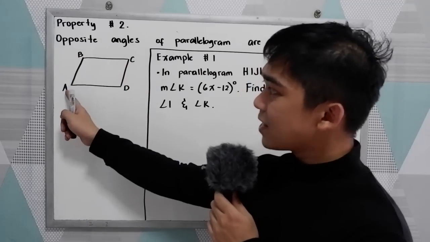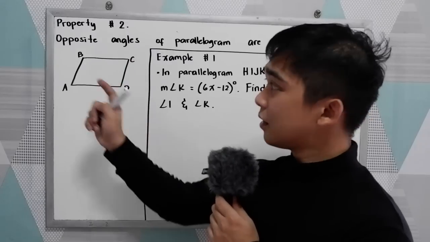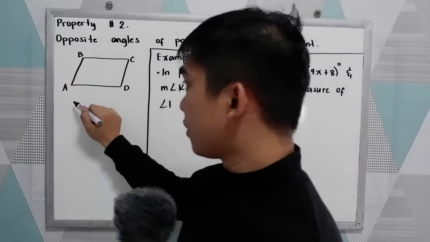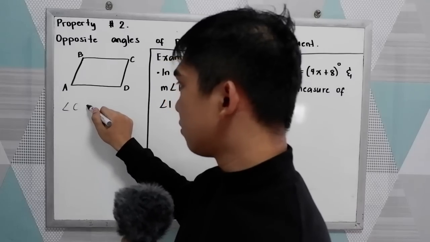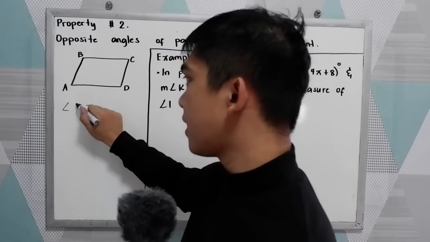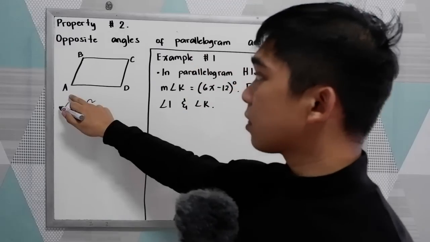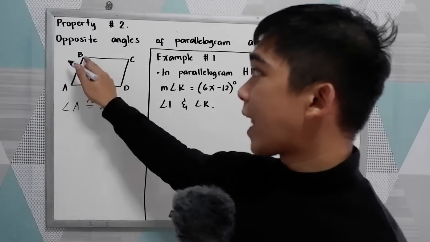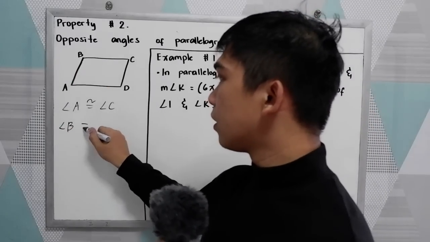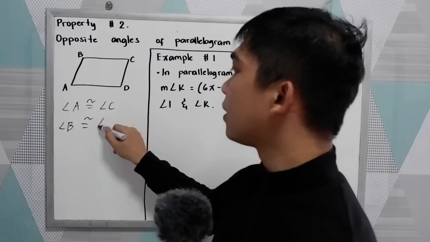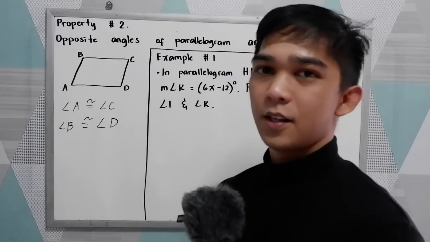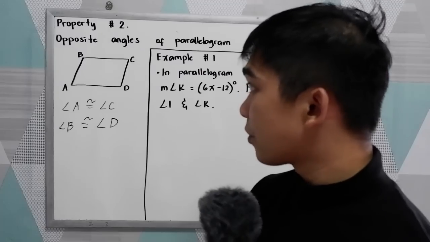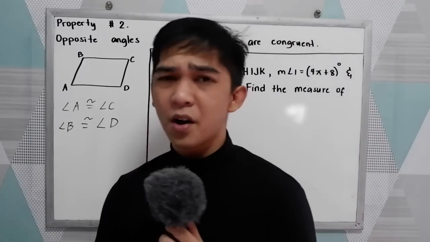We know that A is opposite to C, and B is opposite to D. Therefore, angle A is congruent to angle C, and angle B is congruent to angle D. So that is our property number 2 of our parallelogram: opposite angles of a parallelogram are congruent.